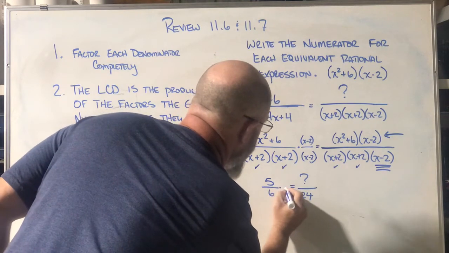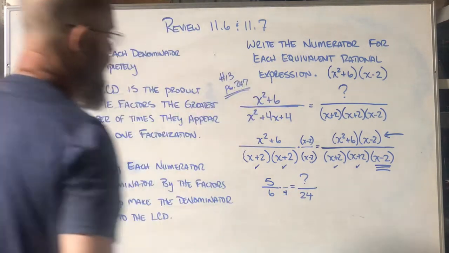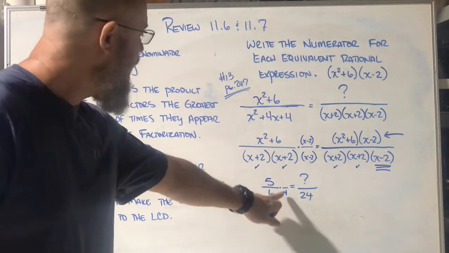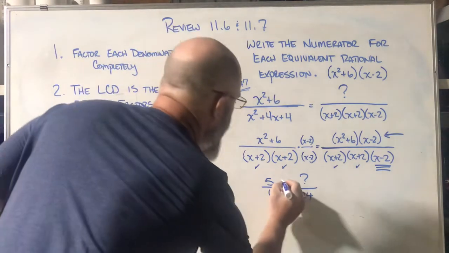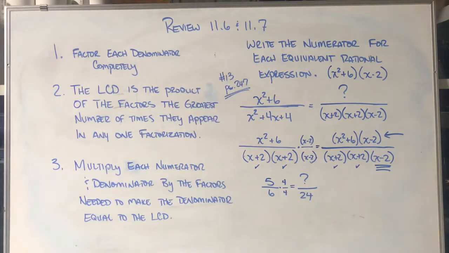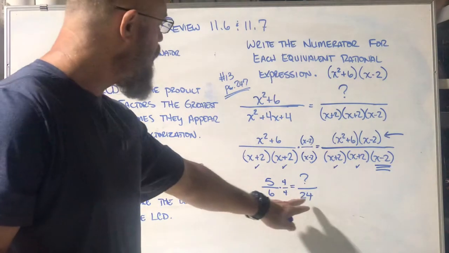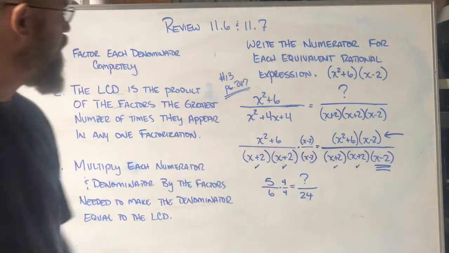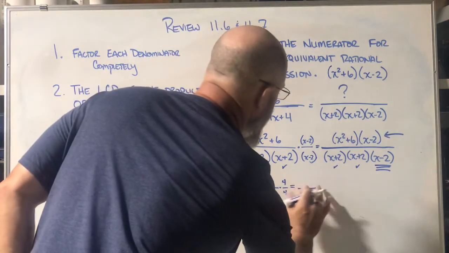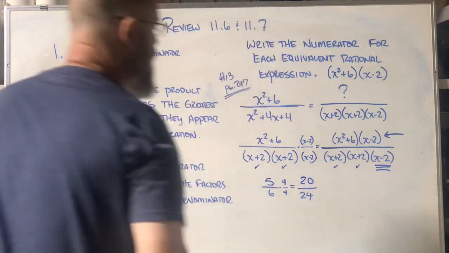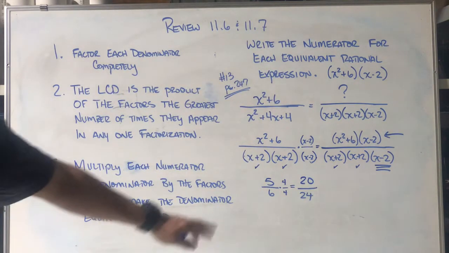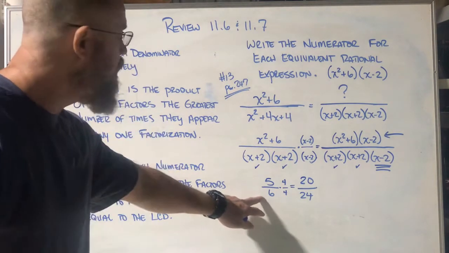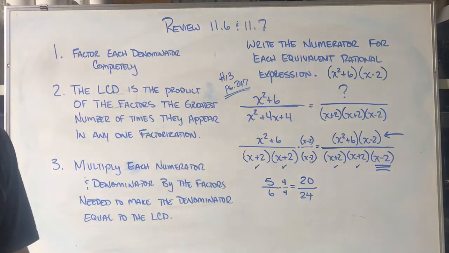So I'm going to multiply the denominator by 4. And whatever I multiply the denominator by, I have to multiply the numerator by. 6 times 4 equals 24. Well, this question mark now becomes 5 times 4, which equals 20.